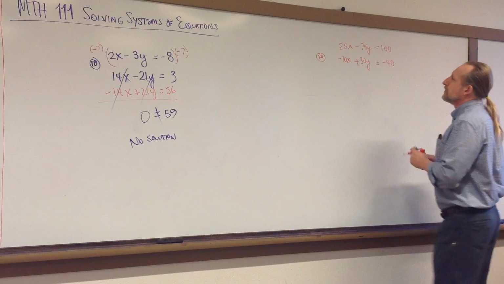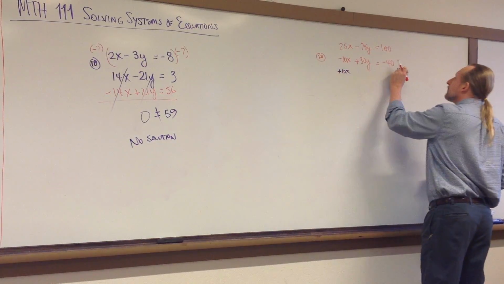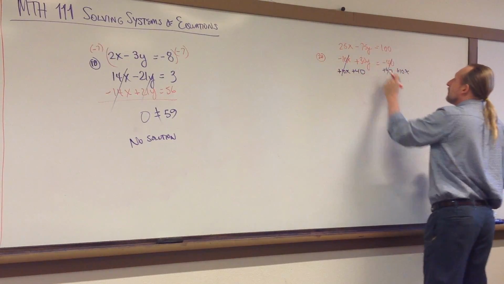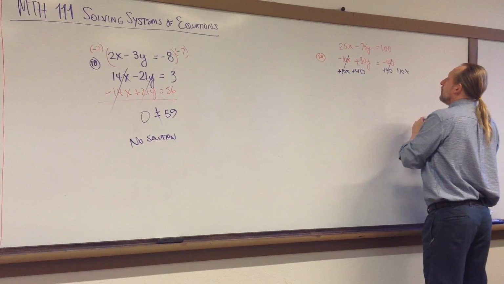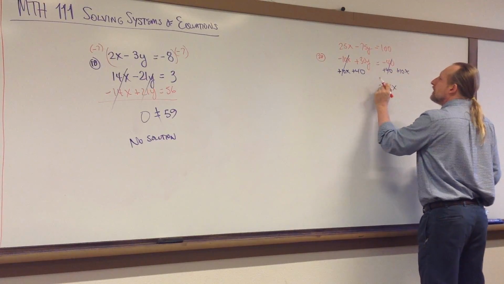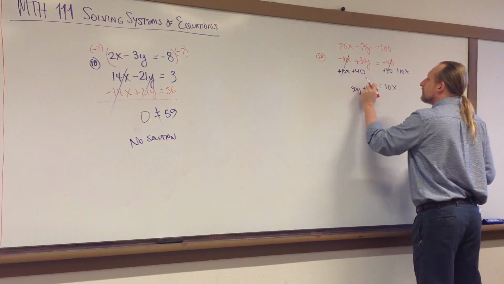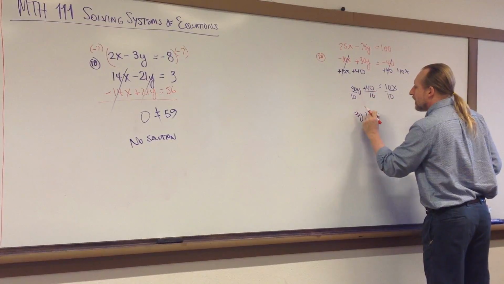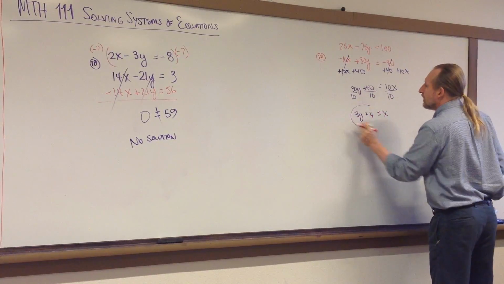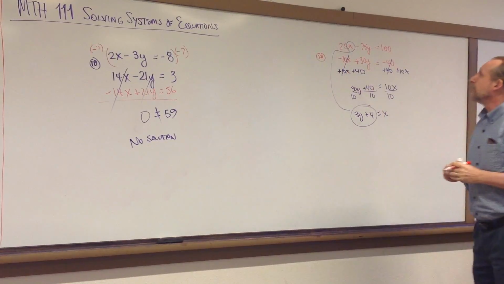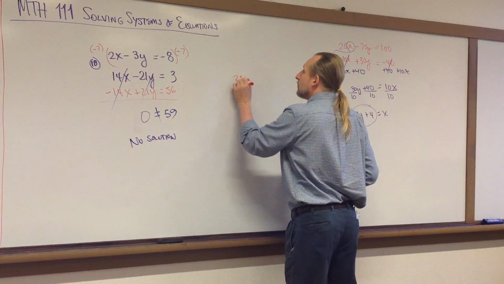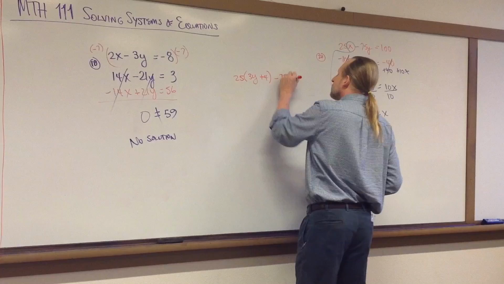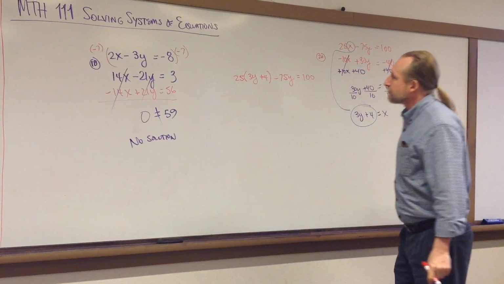I'm going to substitute here. I'm going to add 10x to both sides and then add 40 to both sides. So those will cancel. Here we get 10x equals 30y plus 40, and then I'll divide everything through by 10. So 3y plus 4 equals x. We'll take this and plug it in up there. So 25 times (3y plus 4) minus 75y equals 100.